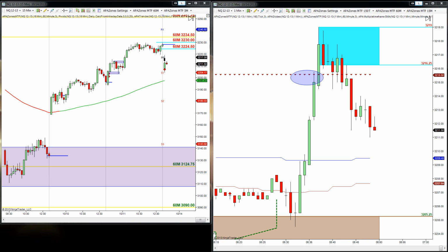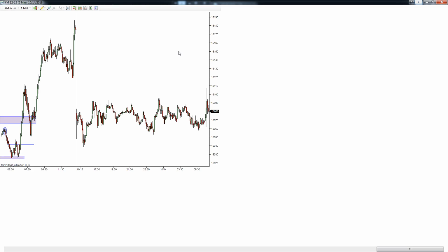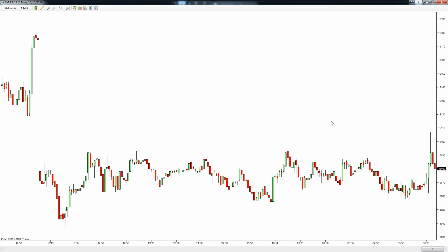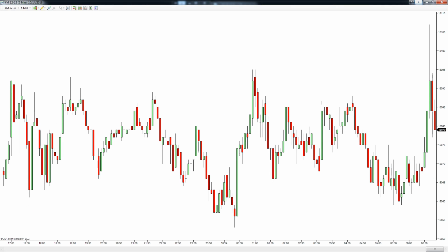I think what would be easier to do right now is just share my YM chart here. Allow drawing. Okay, so now you can draw on my screen.